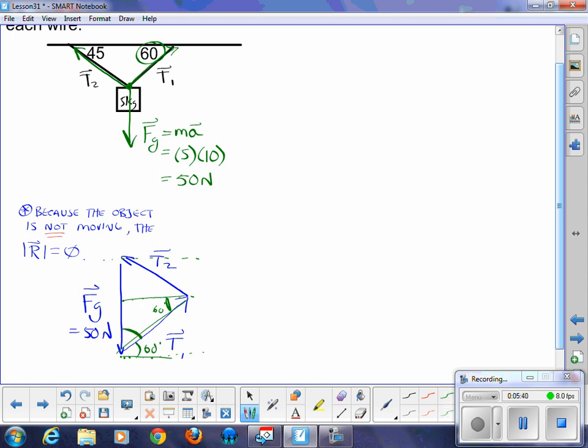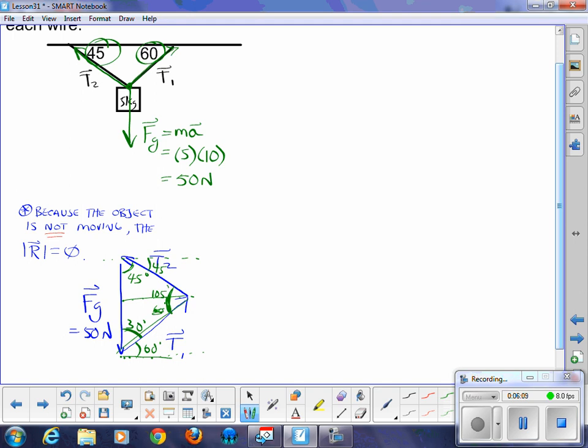The force due to gravity always points straight down, so that angle has to be 90 degrees, which makes that internal angle 30 degrees. What about the other one? T2 makes 45 degrees with the horizontal. If that's a 90 degree angle, this has to be 45 degrees. Now, to find the third angle in the triangle, 45 and 30 is 75, so that angle is going to be 105 degrees.